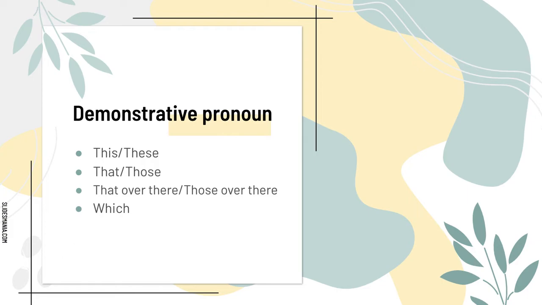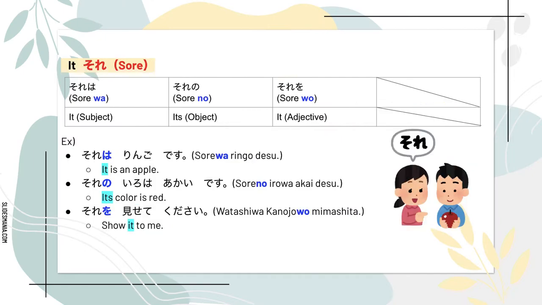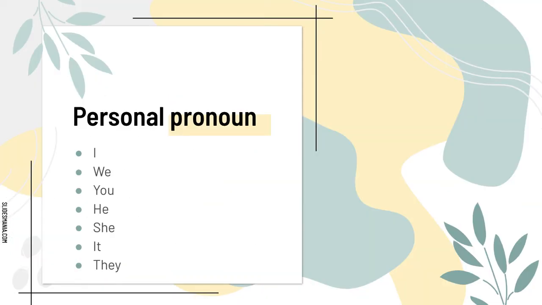So that was a lot. We've covered, let's go back and check the chart, we went through I, we, you, he, she, it, they.